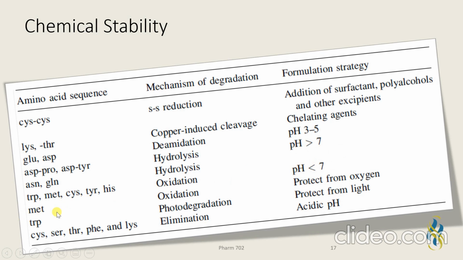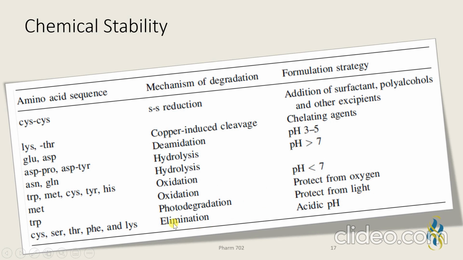Methionine amino acids can also undergo oxidation reactions, and the formulation strategy to prevent the degradation from oxidation is to protect the formulation from oxygen. Tryptophan amino acids can also undergo photodegradation, and the formulation strategy is to protect the formulation from light.